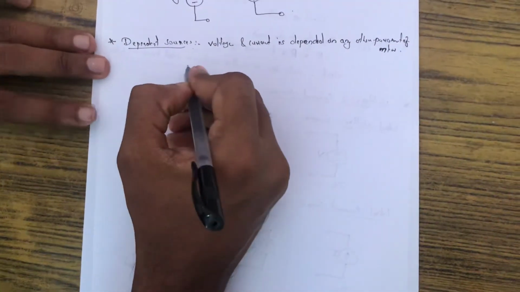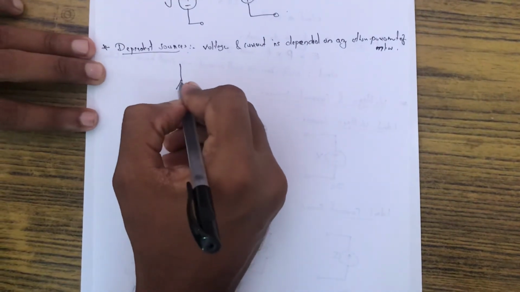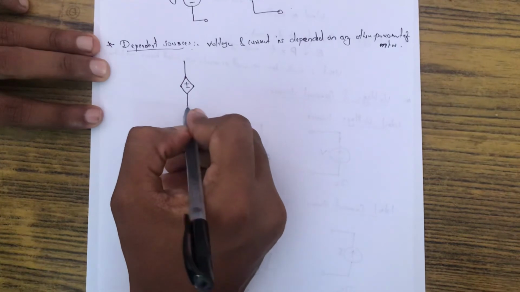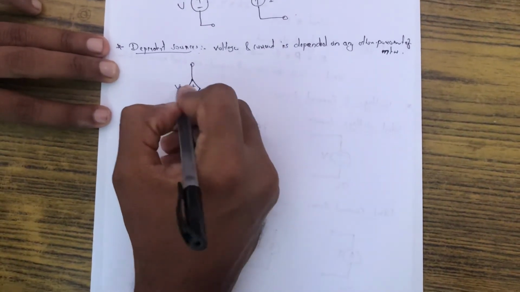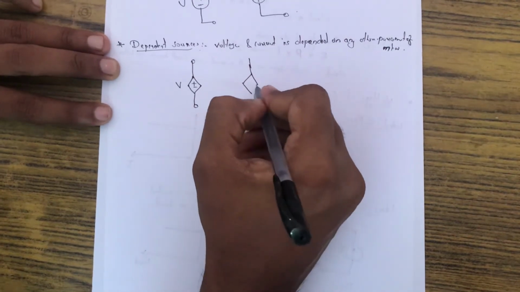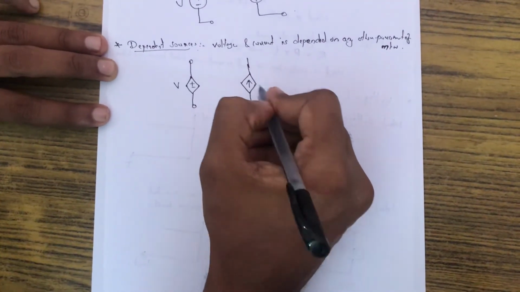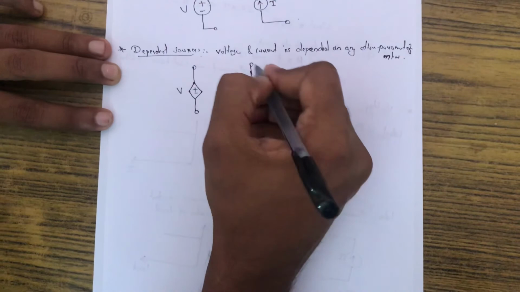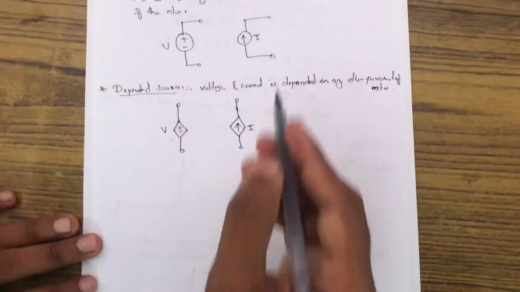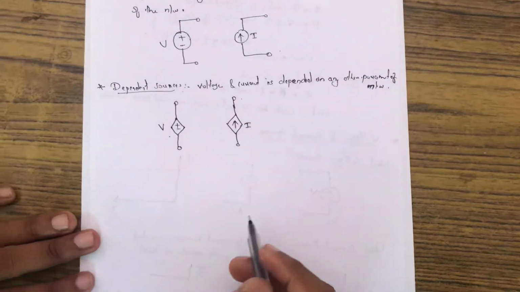The symbol for a dependent voltage source and a dependent current source is represented like this. This is the symbol for dependent voltage and current sources, and this is the symbol for independent voltage and current sources.